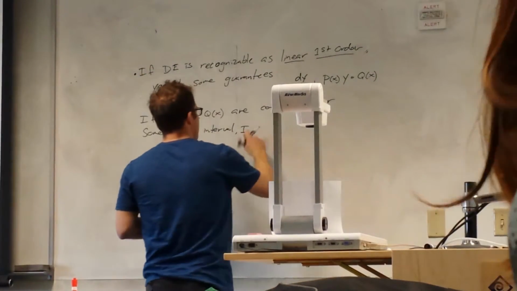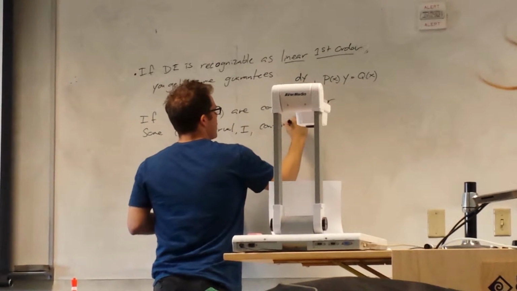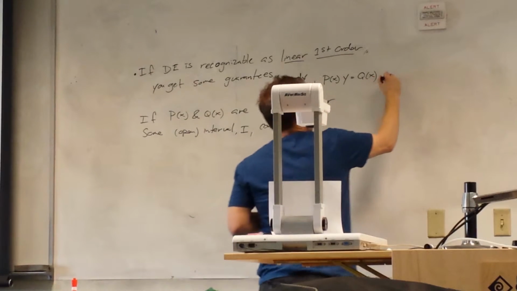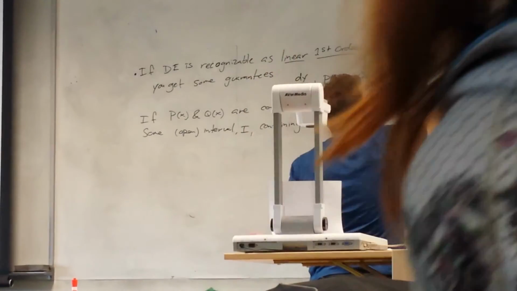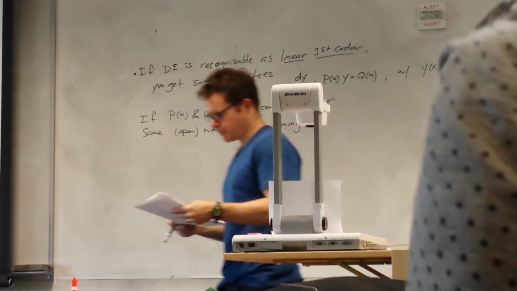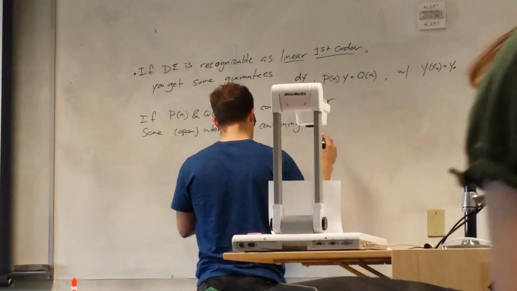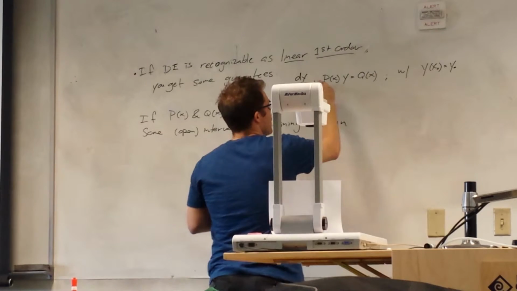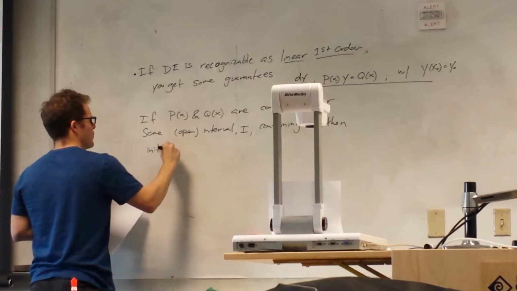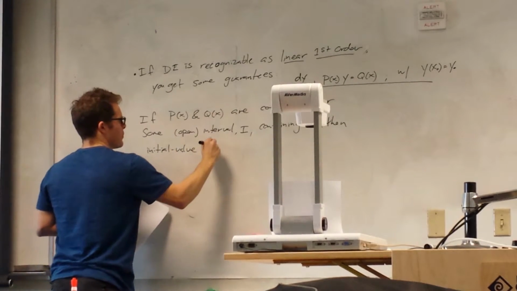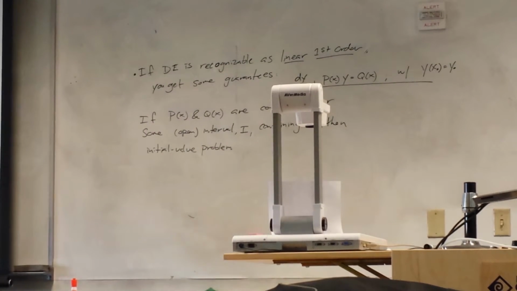And if the open interval I contains x naught, so what I want to do is with this initial condition that y of x naught equals y naught. So if you're given some initial condition, then that initial value problem has a solution, so that's existence, and it has only one solution, it's unique.